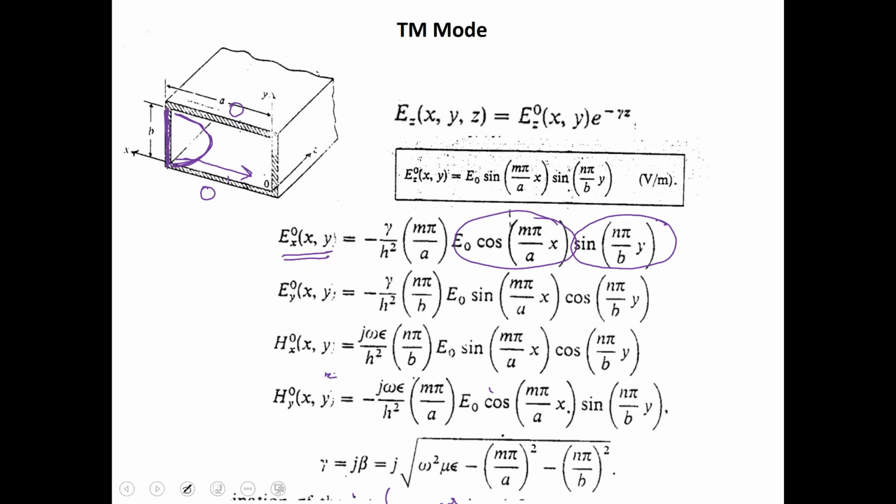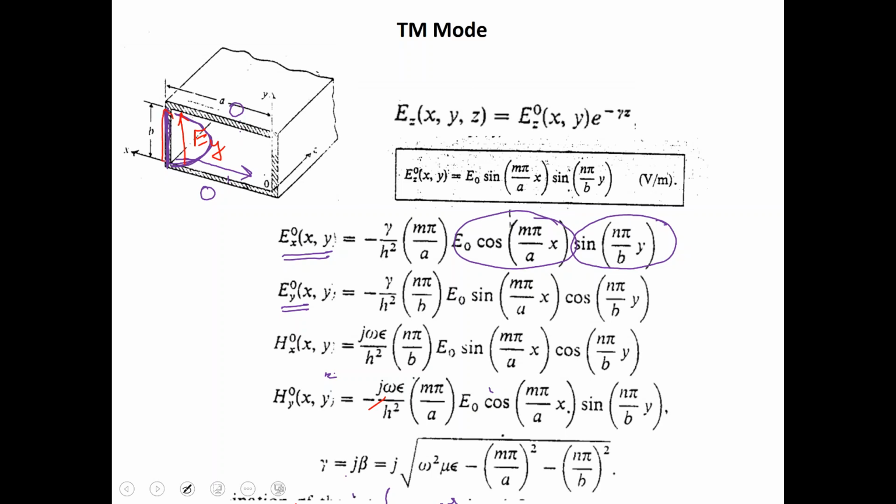in the x plane. Similarly, the Ey field on the other hand is a field which is in this direction, which is in the top direction. So it has to be 0 at y equal to 0, the bottom plate, and 0 at x equal to 0, the side plate.